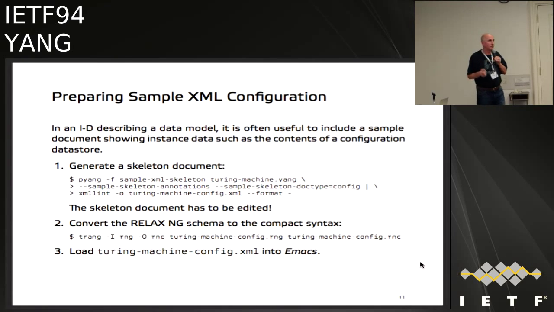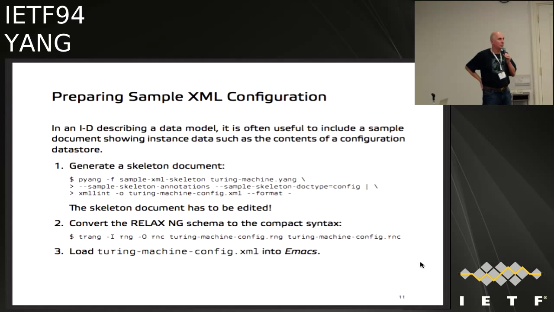But in order to save some typing, we can also use another Pyang plugin, which is called Sample XML Skeleton, for producing a skeleton instance document, which takes the data model and puts an instance of every node that's found in that data model into the XML document.